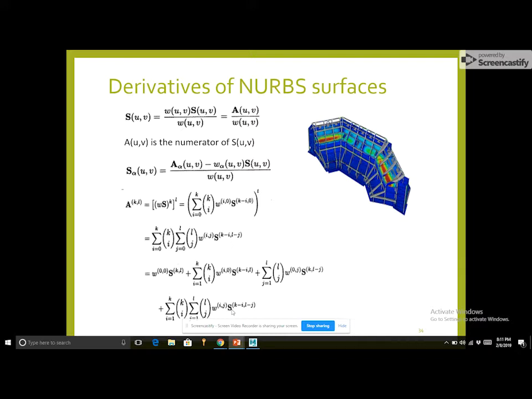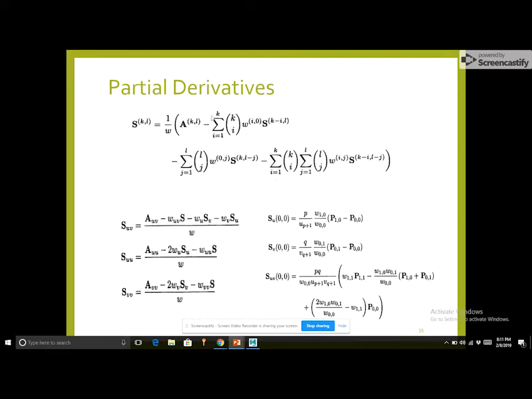Here what we are trying to do is find the derivatives. So in this expression we are trying to separate this. This is the derivative, so we bring this to the left hand side, which resulted in this equation. From this we can find the first order and second order partial derivatives of a surface. So we can calculate the points using these equations.